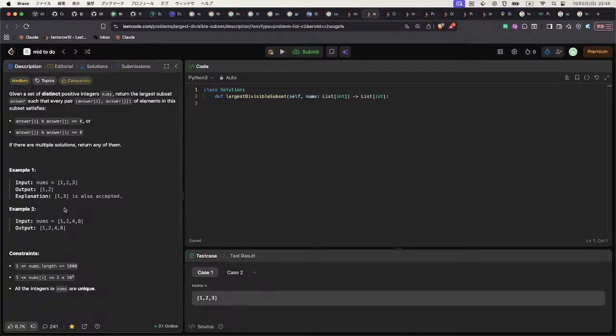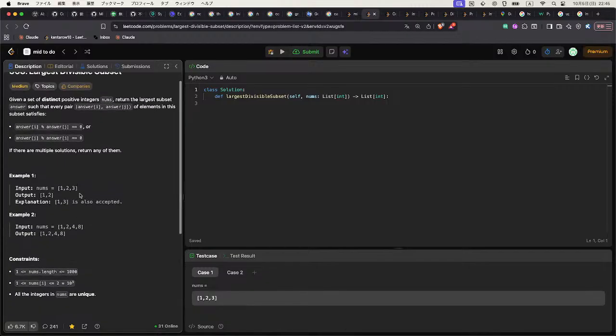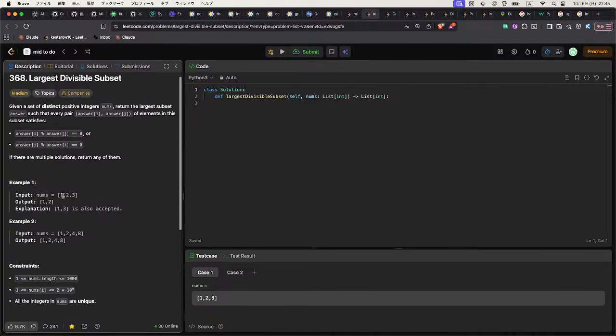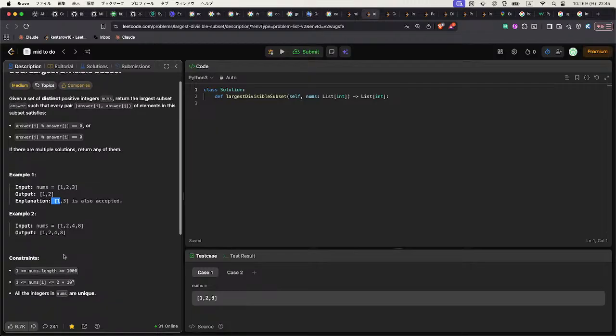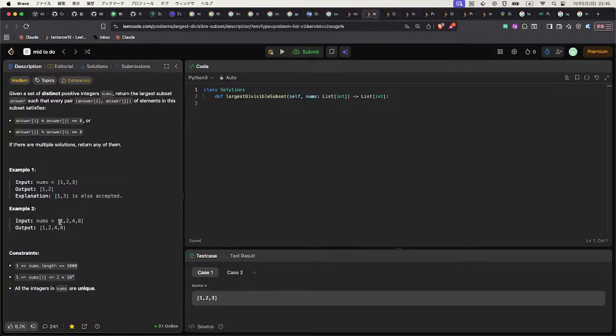Okay. Example 1: if we get 1, 2, 3, the output is 1, 2, and 1, 3 is also accepted because 2 is divisible by 1 and 3 is also divisible by 1.